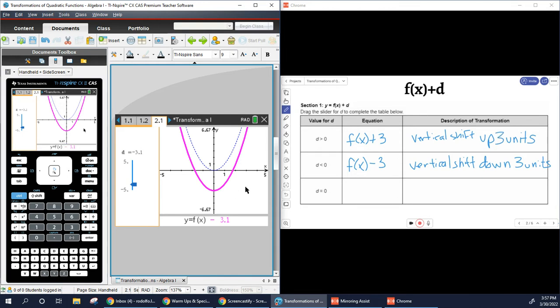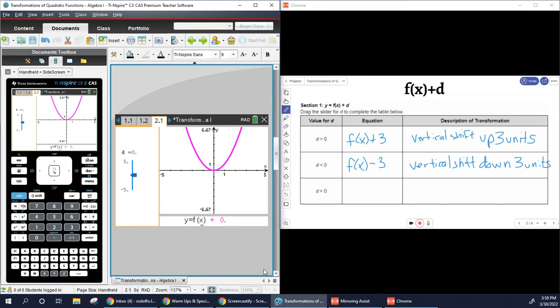Now, what happens when d equals 0? We're going to change this back to 0. I can't seem to get it to 0. Let me see. There it is. If the function is adding 0, then it doesn't move at all.